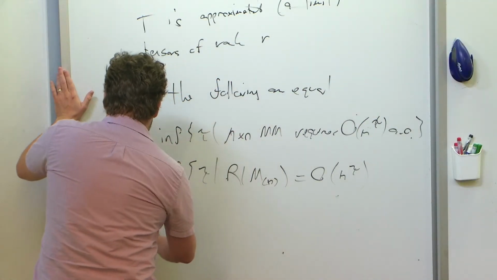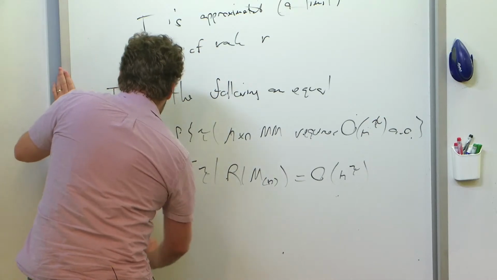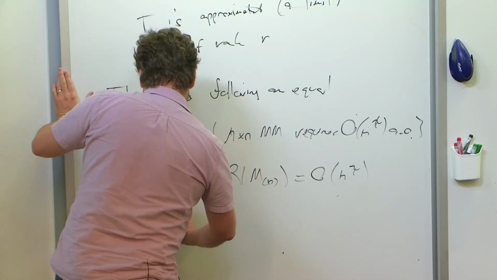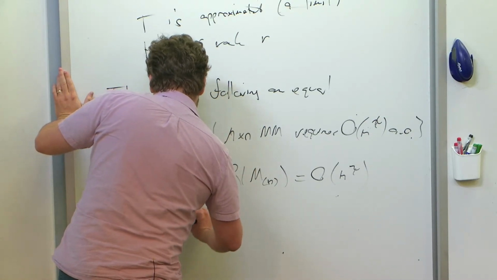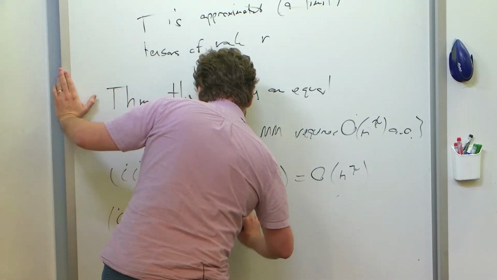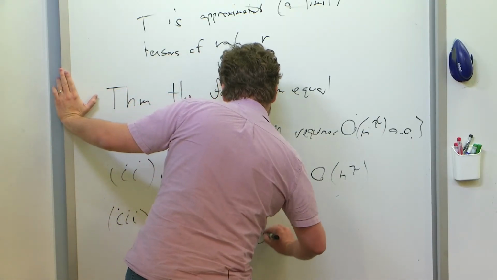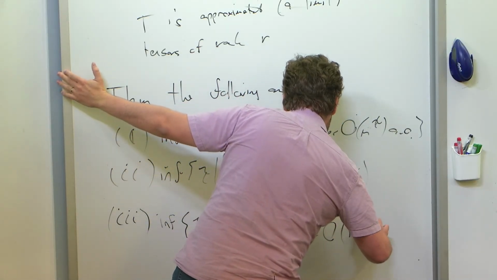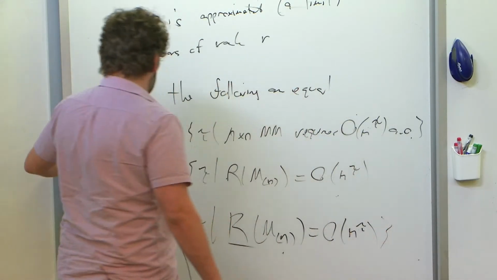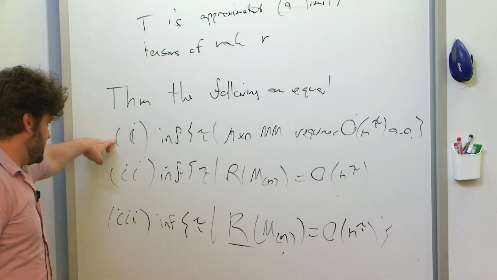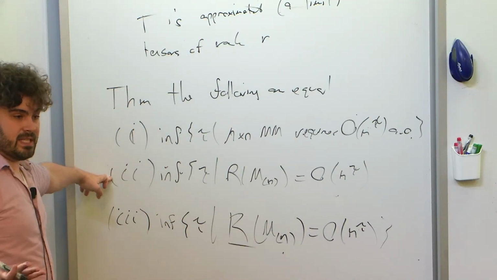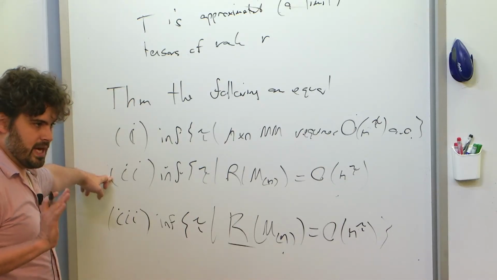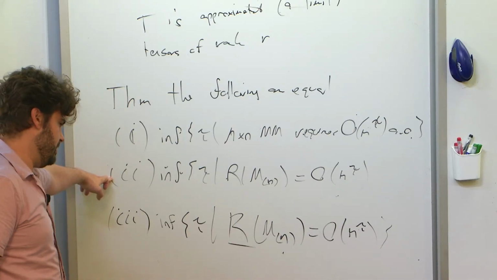And luckily, Bini gives us a third thing here: the infimum over tau such that the border rank of matrix multiplication is O(n^tau). So Strassen gives us that it's enough to consider tensor rank when considering the exponent of matrix multiplication.